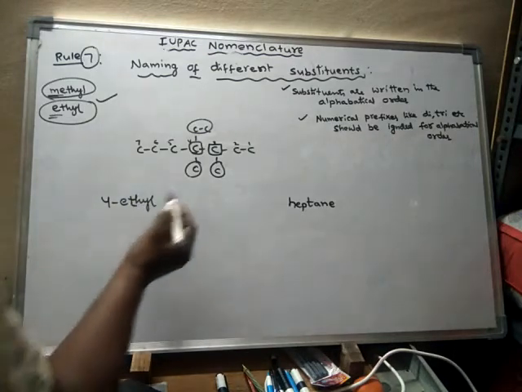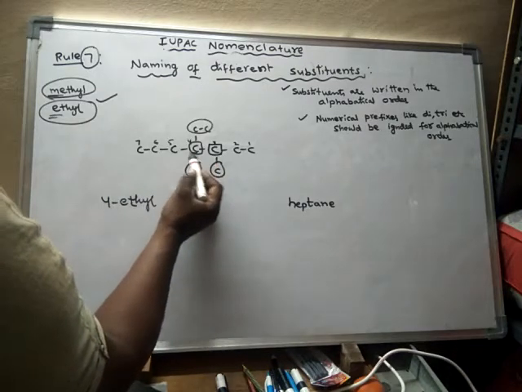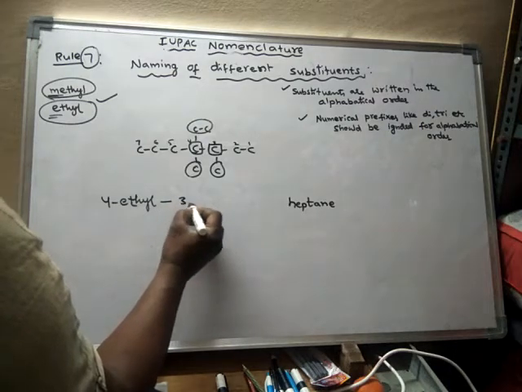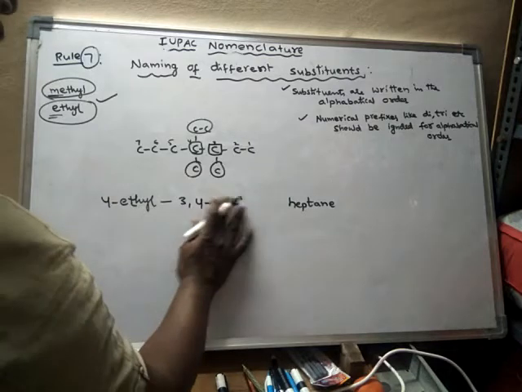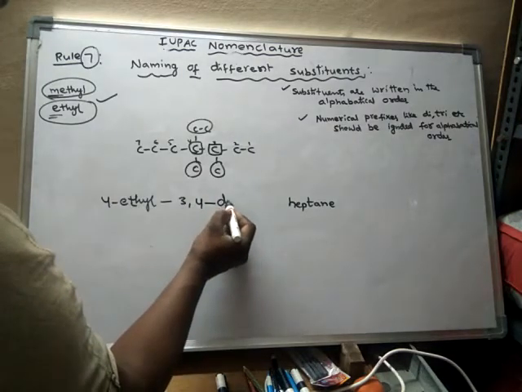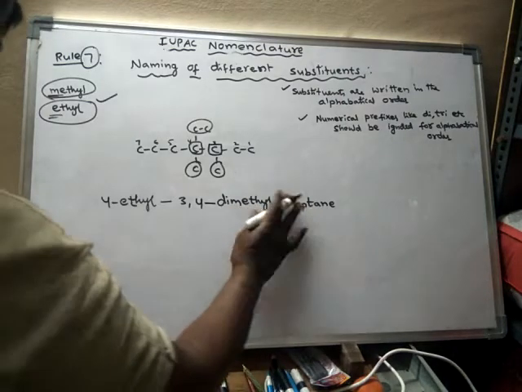Okay, 4 ethyl, and methyl groups are present on the third and fourth carbon. Then we have to write a methyl group. So 3 comma 4 methyl. Sorry, dimethyl, because there are two methyl groups. So dimethyl. Okay, dimethyl heptane.